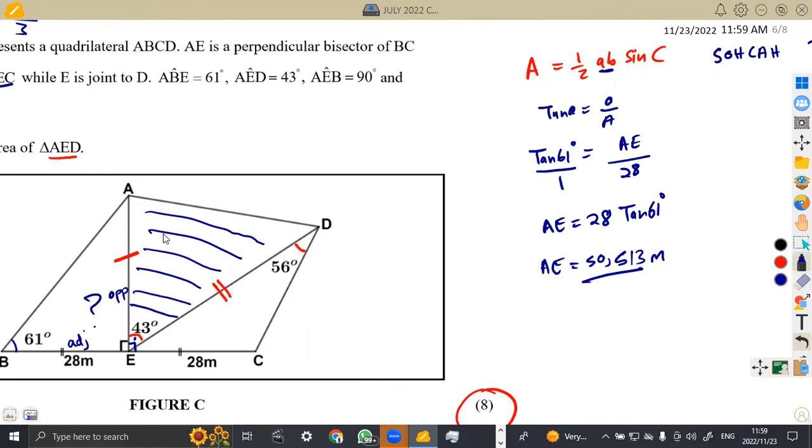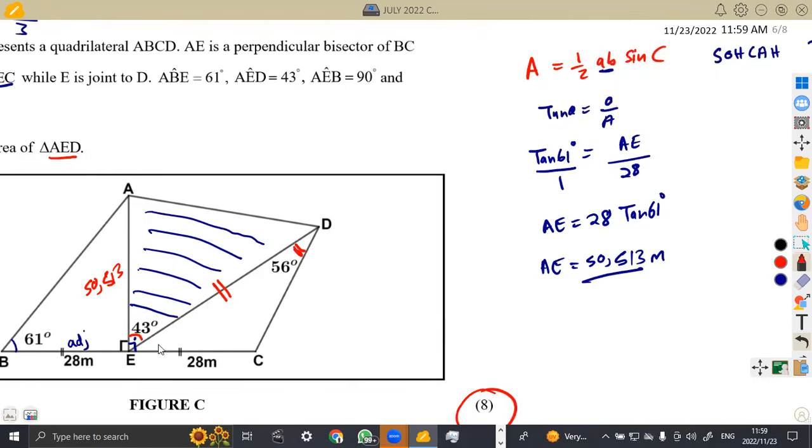Now we've got AE, so this side we have it. I'm just going to write it aside: 50.513. So now we can calculate ED. We've got this angle. Which part can we use?